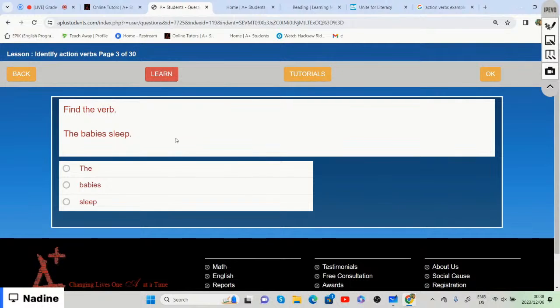The babies sleep. So the babies sleep. We need to find the verb. Is it babies, or is it sleep?